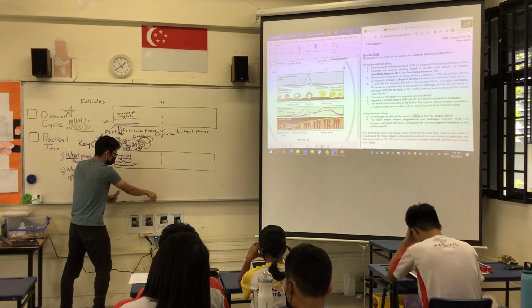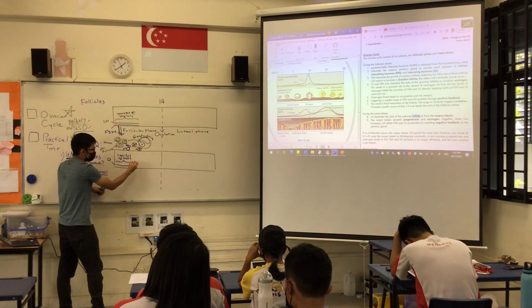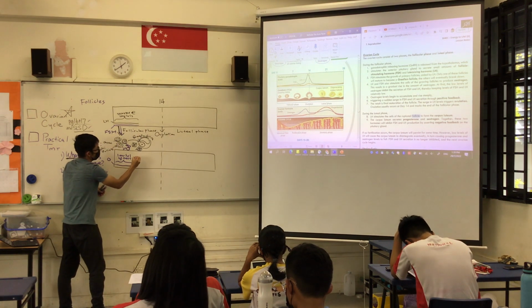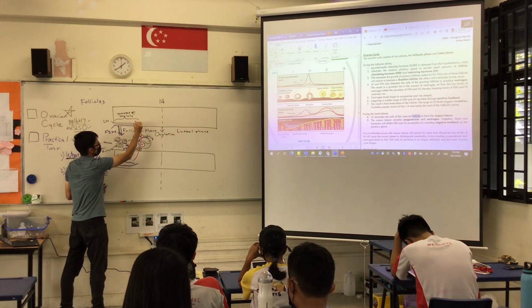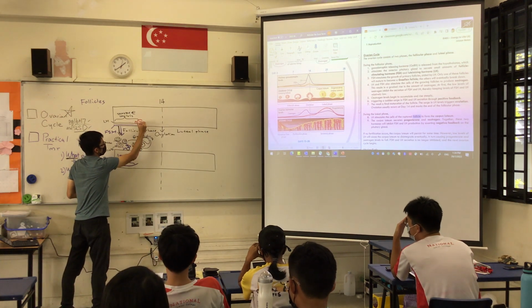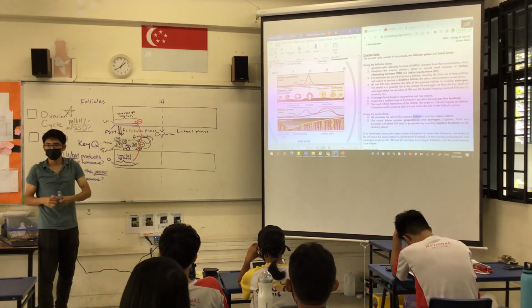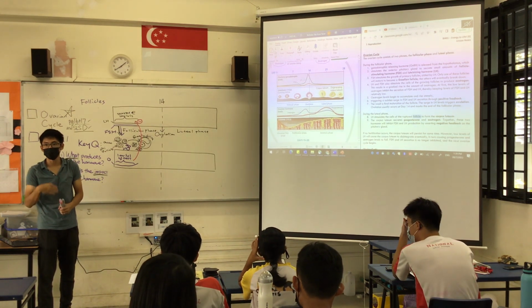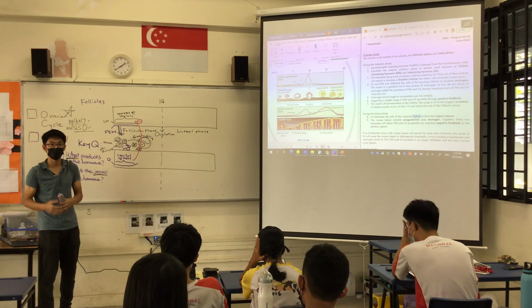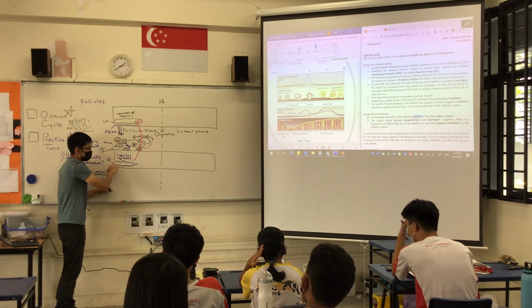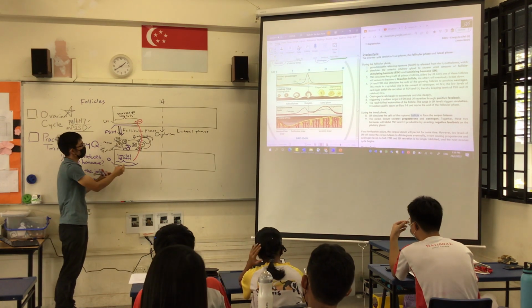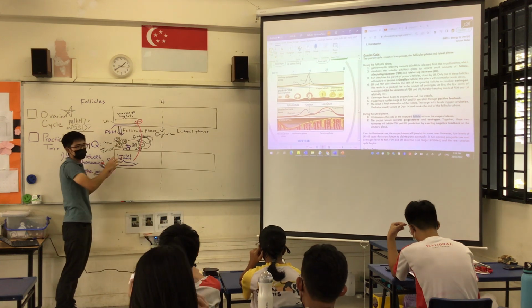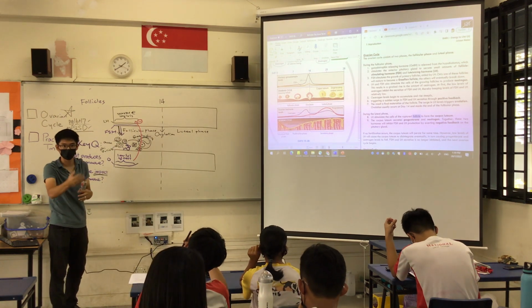When levels are low, this negatively inhibits the secretion of FSH and LH. I say again, when the estrogen levels are low, it will negatively inhibit the secretion of FSH and LH.